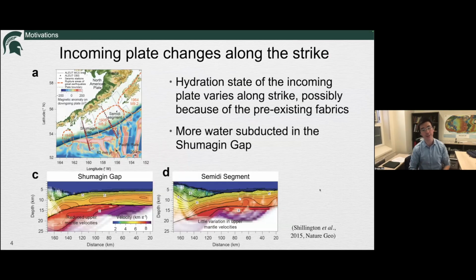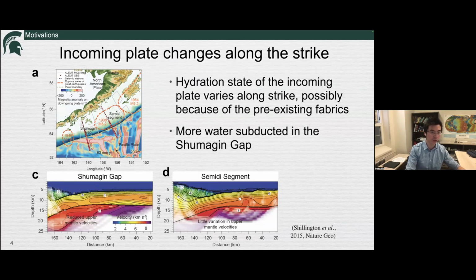One hypothesis was proposed more than 10 years ago, led by active seismic work by Donald Shillington. They proposed, based on two active seismic profiles, line 5 and line 3, that the incoming plate in this region varies a lot.